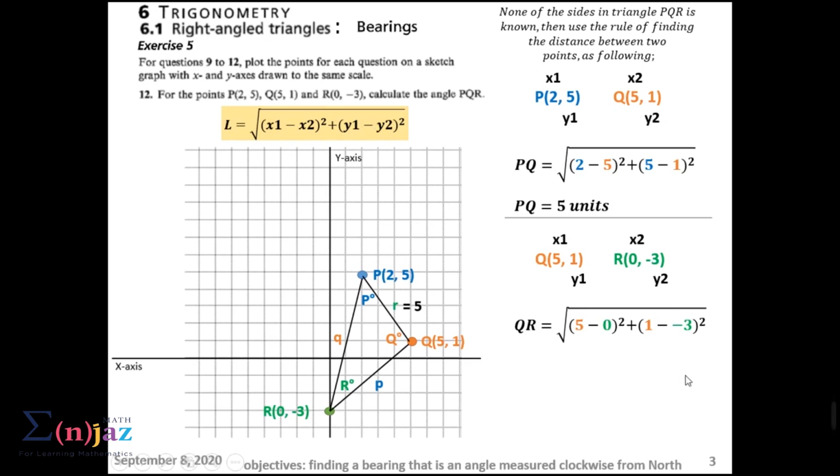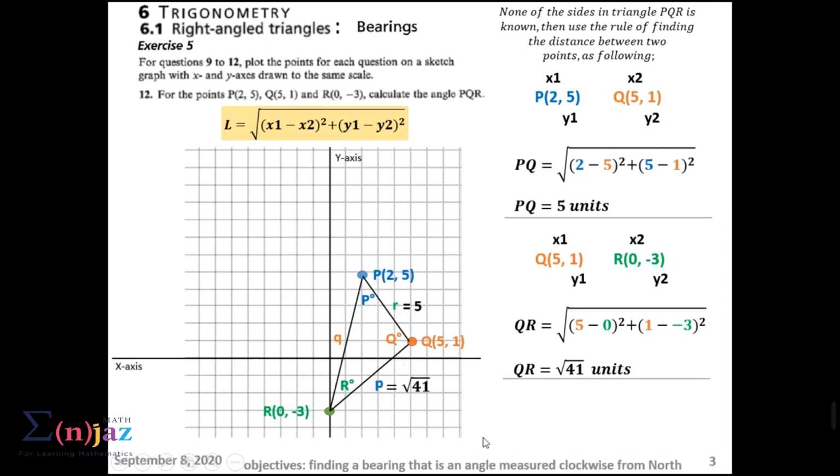This is ready to be inserted in the calculator, and if you calculate it, you're going to find QR as square root of 41, and units is the measurement unit. So QR represents small p, because it is right opposite to angle P, so this is side p, and the value of it is square root of 41.